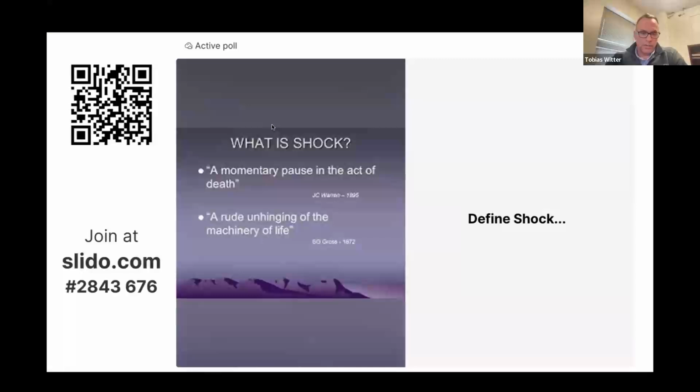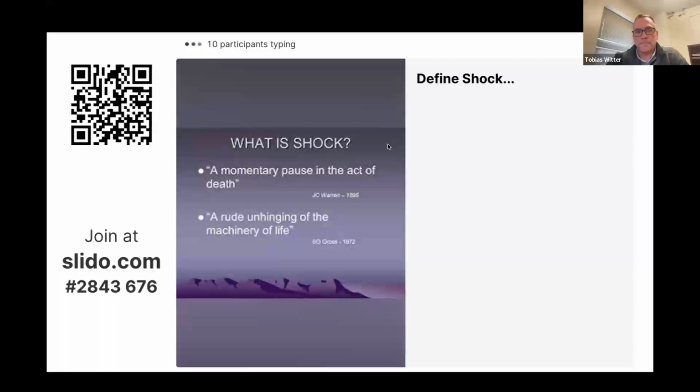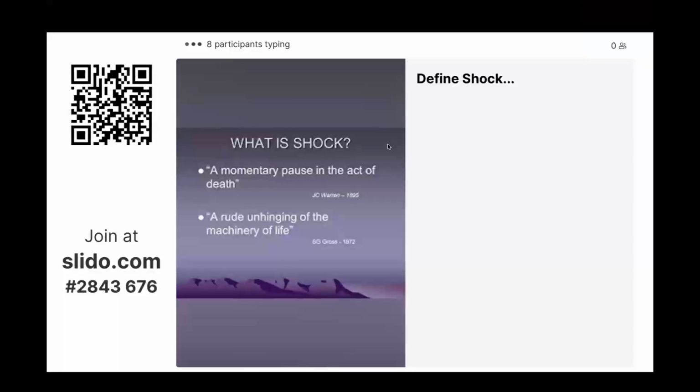Define shock. Start presenting, just play the poll. So you should be able to answer that. Can you guys use the Slido? Let me know. Yes, you need to wait a little bit of time. I'm just wondering if it's showing up and if people... Yeah, it should be showing up.